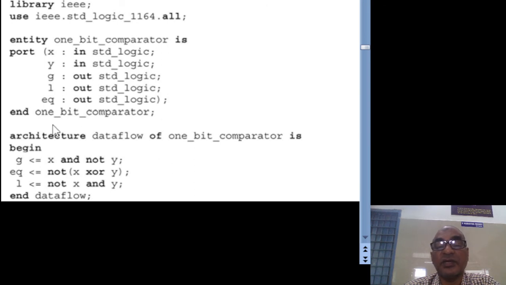For the greater than output, the equation is G <= x AND NOT y. The equal output we get as NOT (x XOR y). And L is NOT x AND y. Data flow, clear?